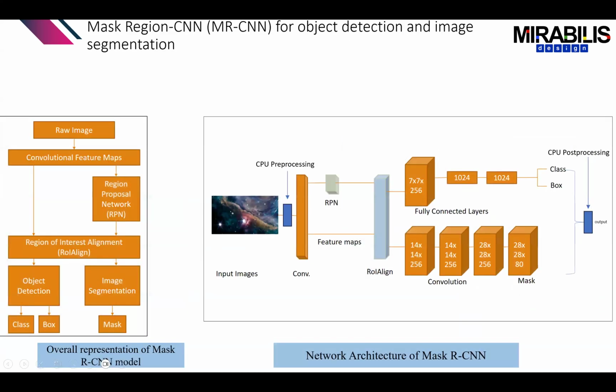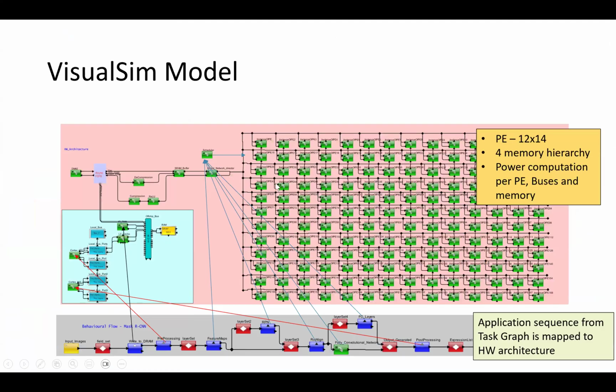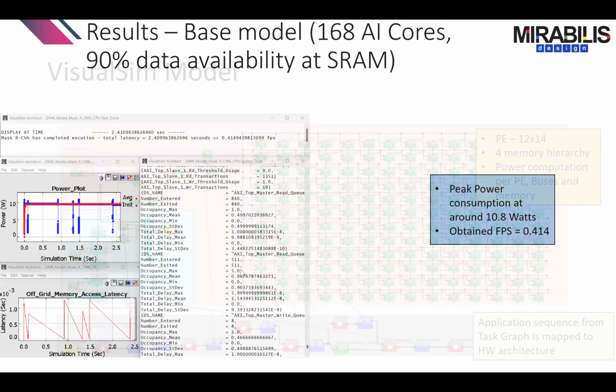So what you do is you first create a definition of what your CNN looks like. So you have your flow here and you convert that into the sizes. Then you create a model in VisualSim of the hardware, and you map each one of these to different resources within the hardware. Once you do that, you can run a variety of tests.